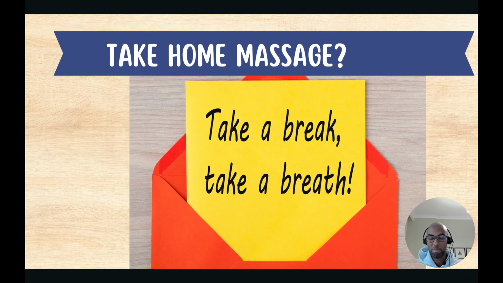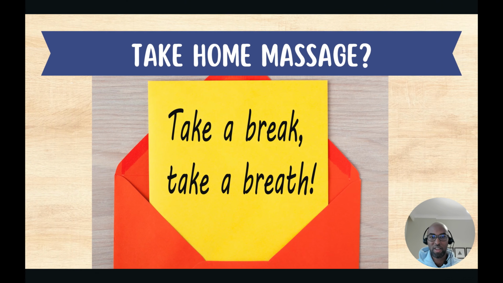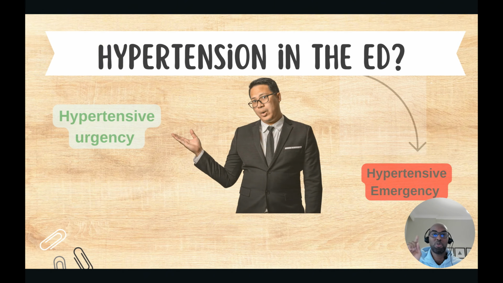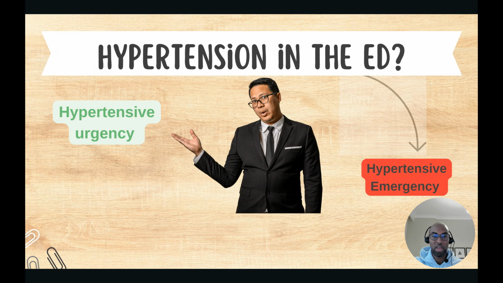Take a breath, we're almost done, and I know I was talking too much on this topic, but really it's an important topic for the junior doctor. Our message is, if you have a patient who came to the door of the ED with a history of high blood pressure, and you check the vital signs and the blood pressure is in the category of 180 over 120, you have to take a breath and think about the approach.